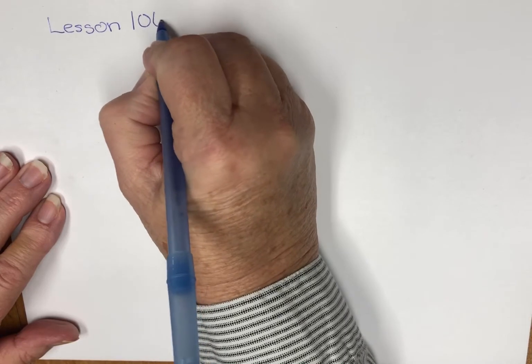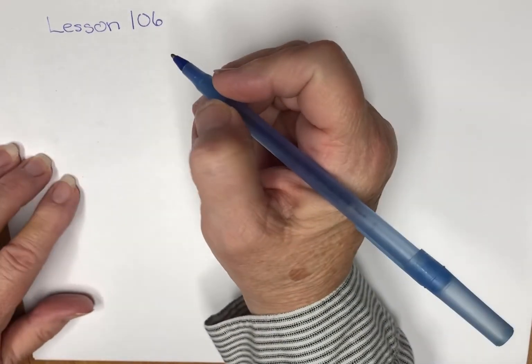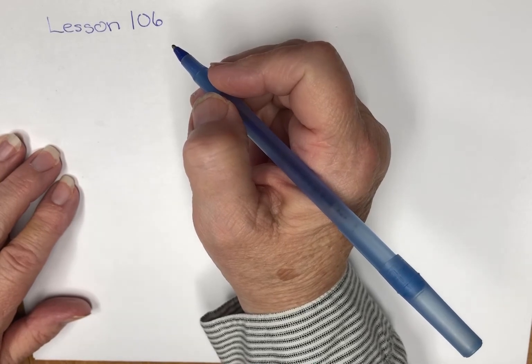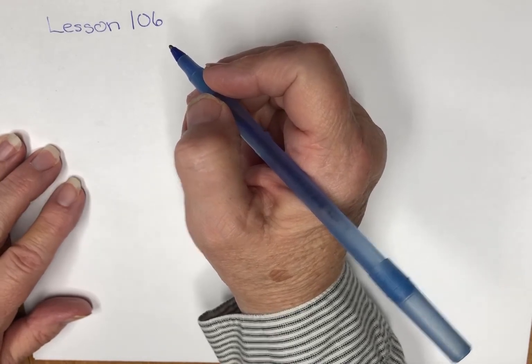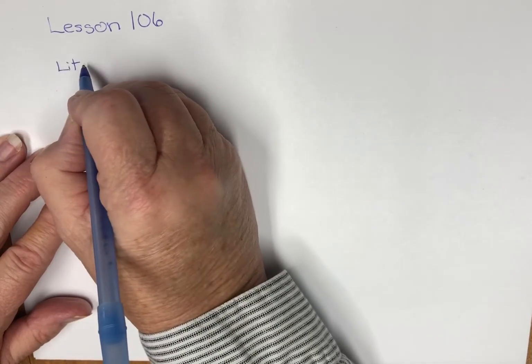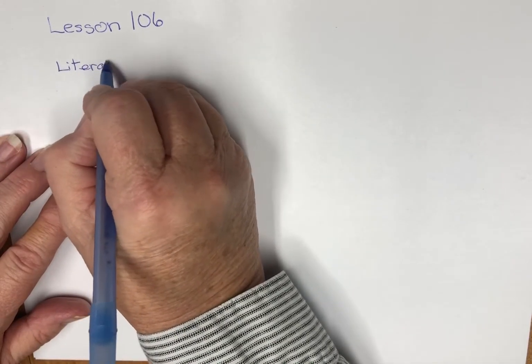Yesterday's lesson was very long. Today's lesson is going to be kind of short, so concentrate real hard while we go through this. This lesson introduces something called a literal equation.